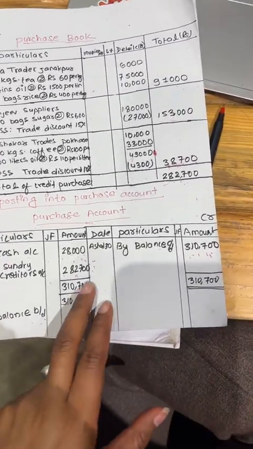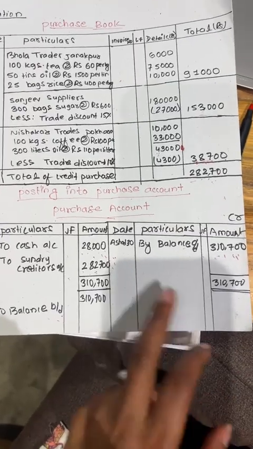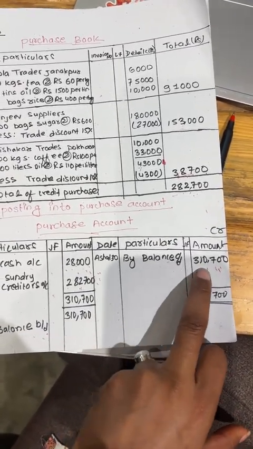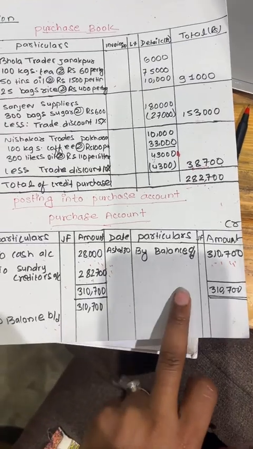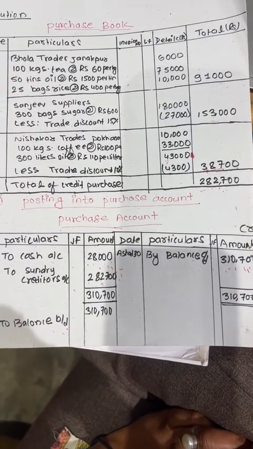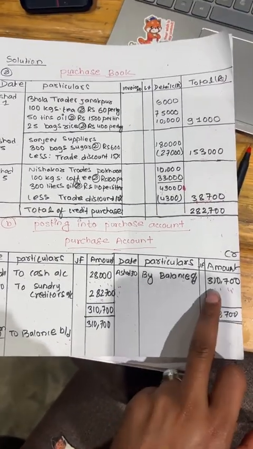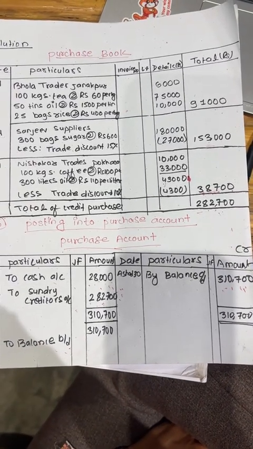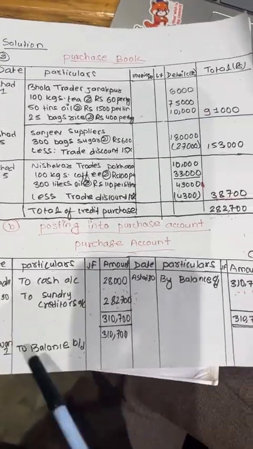So we should also maintain the credit side balance. This is because of the double entry system. This represents the total purchases made by the business, both cash and credit.